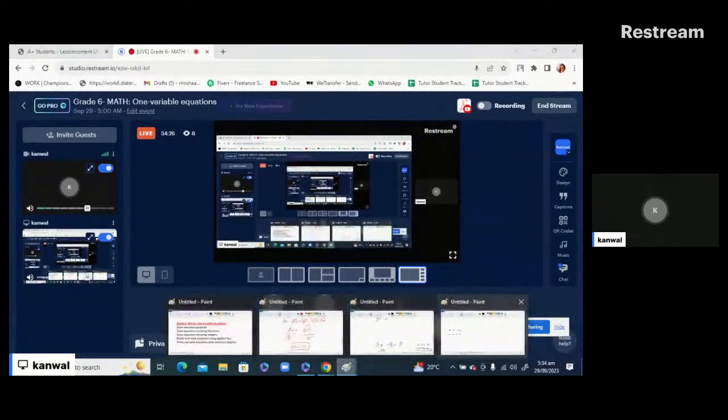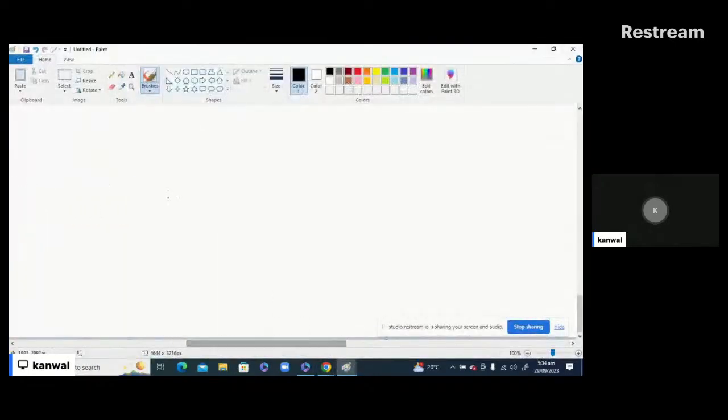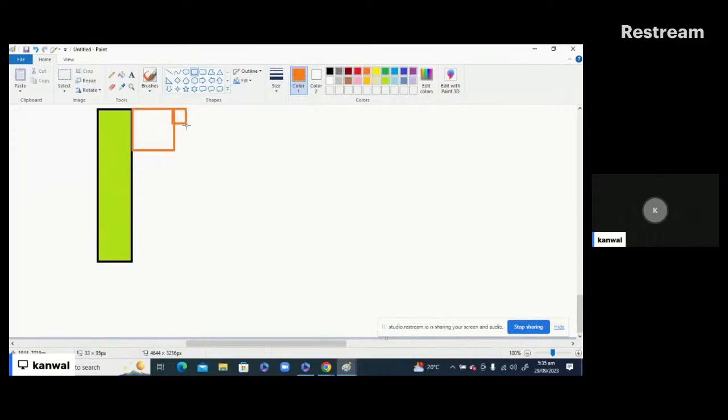Okay, then for example, here is some, then now here are some small tiles. I'm going to draw only this.